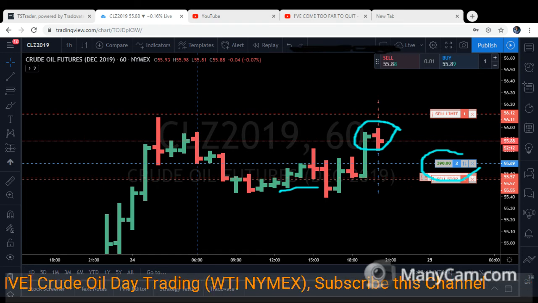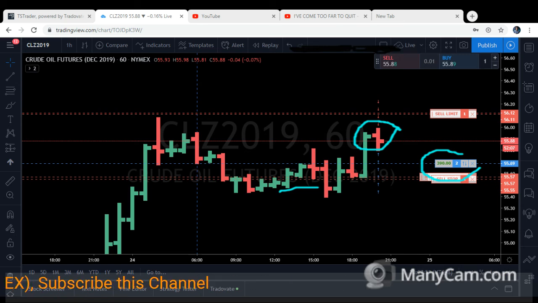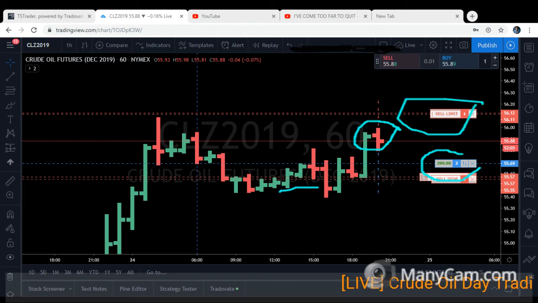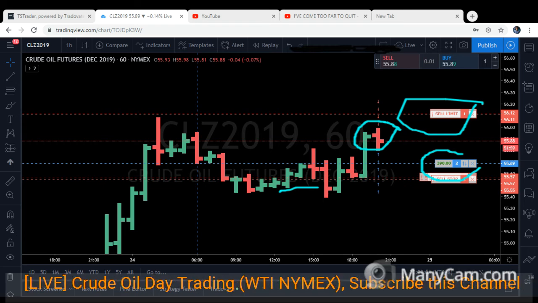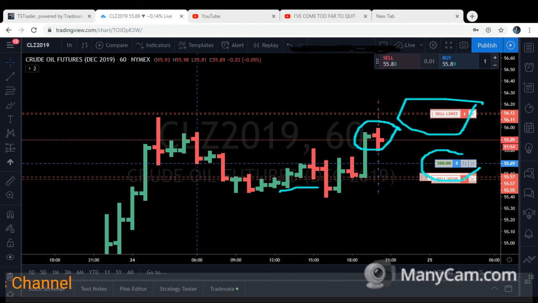Profit dropped from 510 just now to 390 US dollars. Still, the price target remains the same. If the price reverses back fully, then we'll exit the market at break even, which is much better.